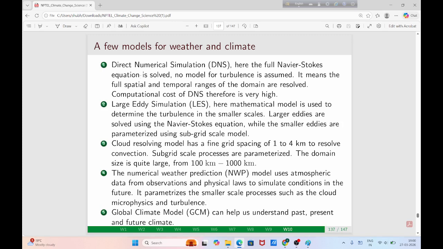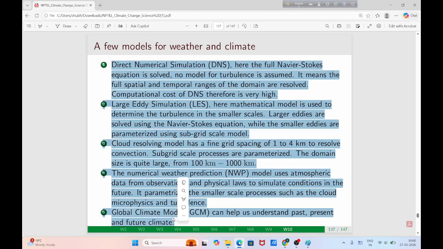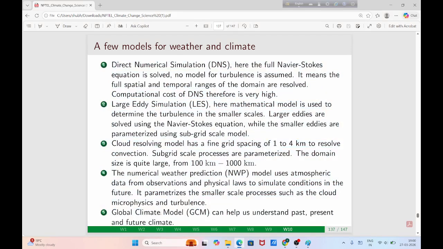So no single model can resolve all the scales. Let's say maybe 1,000 years after this year, we might get a very efficient supercomputer that can solve the DNS, direct numerical simulation, for the whole Earth. But that day is too far. Before that, we have to rely on parameterization. That's why how much clarity, cleverness and efficiency they can bring to parameterizing small scale things is still a field of research.